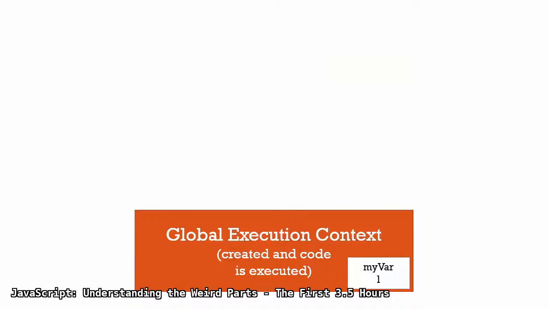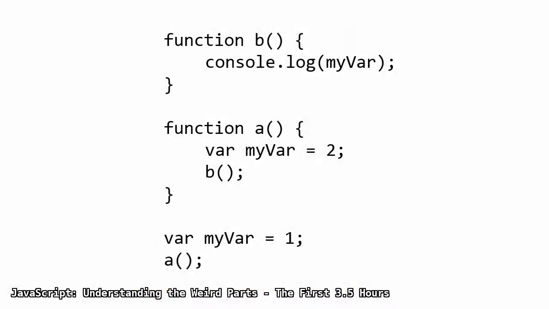Wait a minute. Back up. Lexical environment? Didn't that mean that where something is written physically in your code is important? That it determines certain things as far as how the JavaScript engine will decide and interpret where things live and where things will sit in memory and how they'll connect to each other?